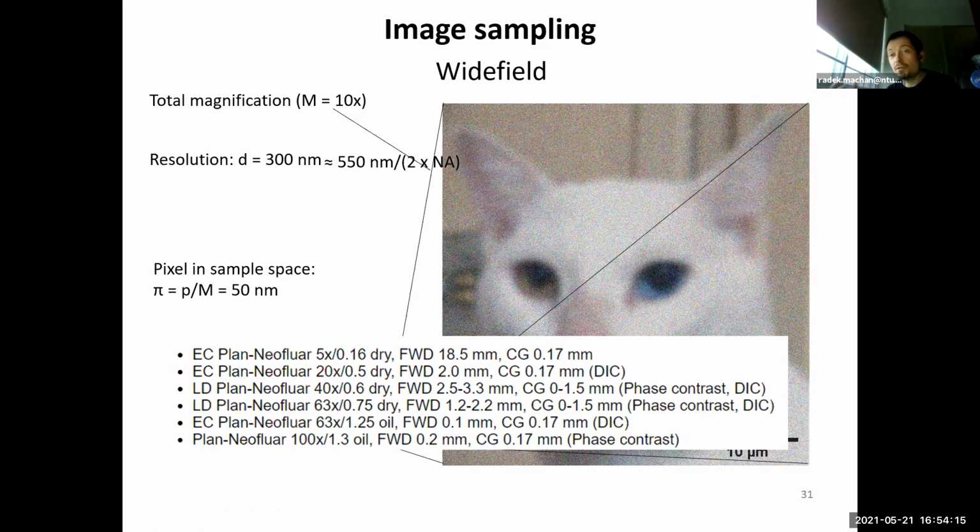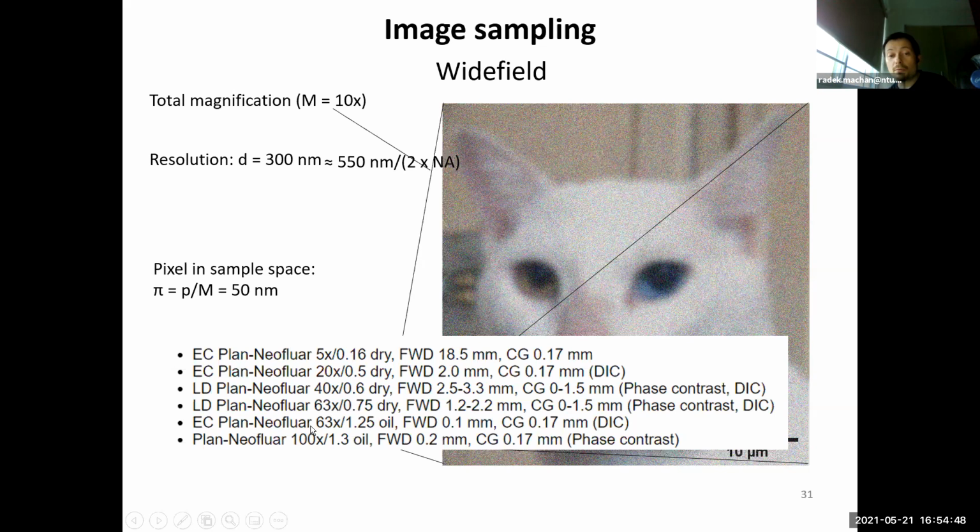So the choice of the objectives and the camera should be done in such a way that there is a reasonable sampling for all objectives. Because in general, the numerical aperture and the resolution of the objective decreases with the magnification. So in that sense, the same camera gives a reasonable sampling for different magnifications.